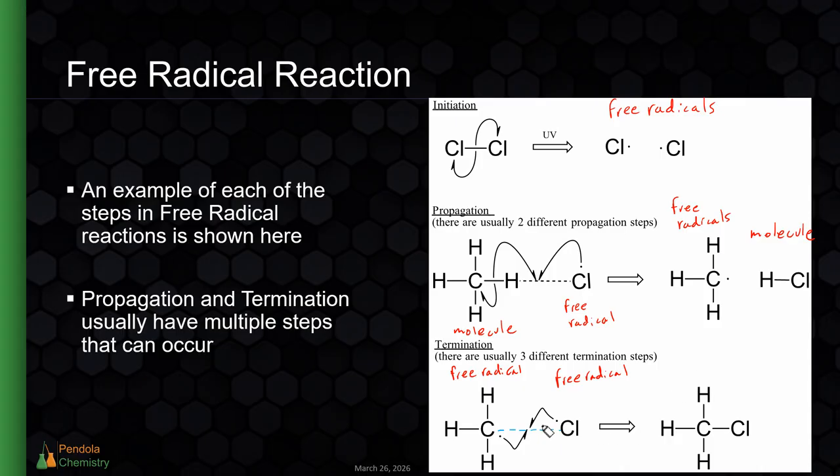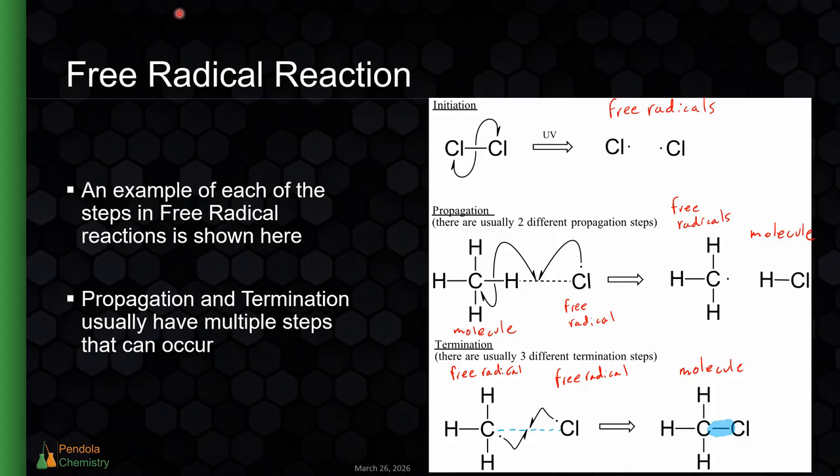And that molecule cannot undergo any more chain reactions. And so eventually, once we have enough of these termination steps happening, the reaction just stops because there are no more free radicals. So those are the 3 steps to a free radical reaction.